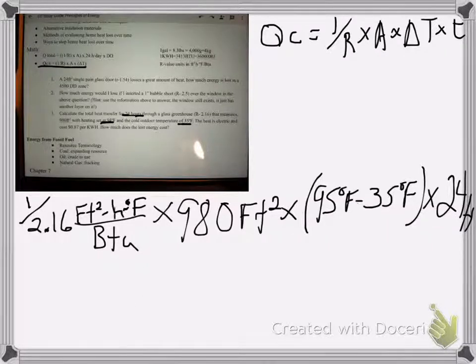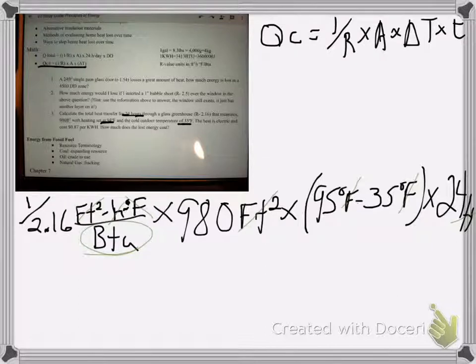As far as units go, I'm going to have feet squared and feet squared, hours with hours, and degrees Fahrenheit with degrees Fahrenheit, and I'm going to be left with just the unit of BTUs.